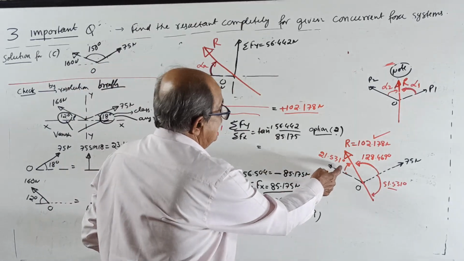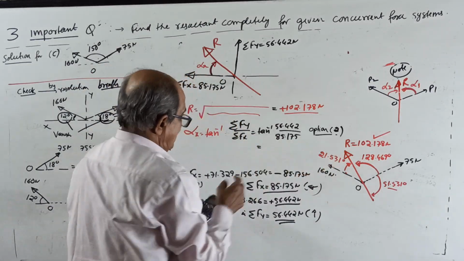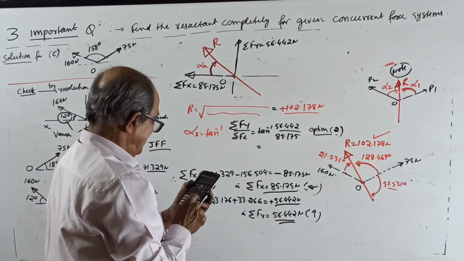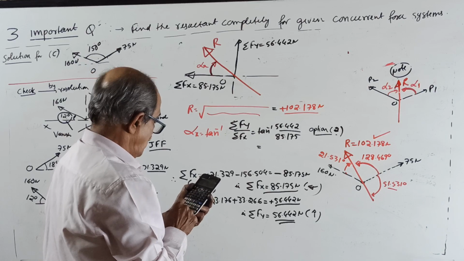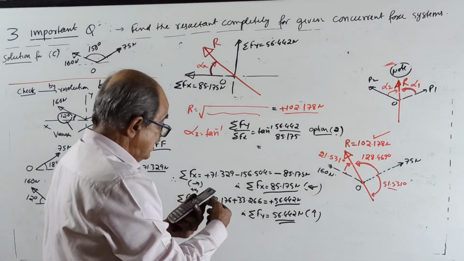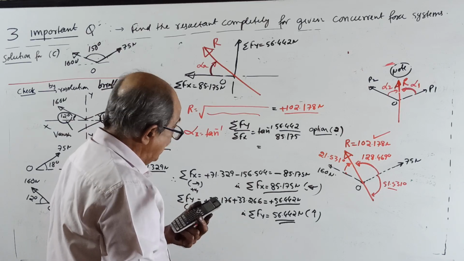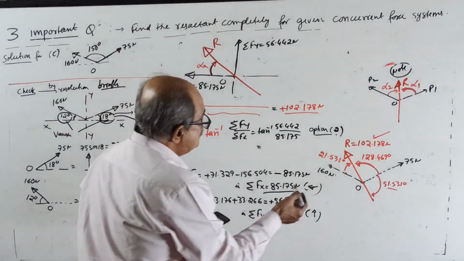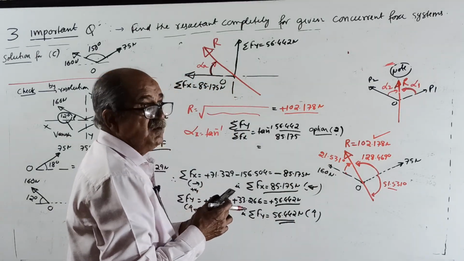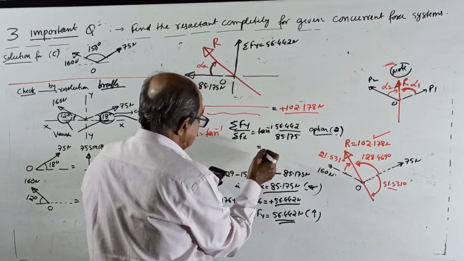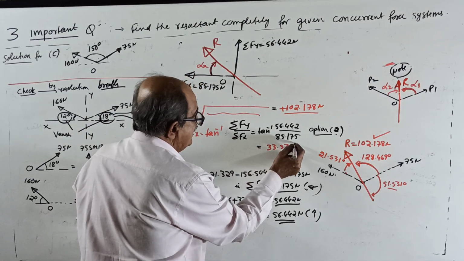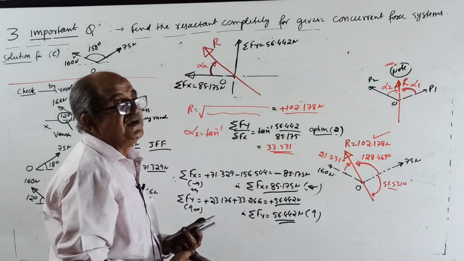You know the angle. See, from this side you know the angle there. 56.442 divided by 85.175, shift tan inverse answer. Huh? I am getting 33.531. It is 21.531. It is coming 33.531. Plus is not required. 33.531 degrees.